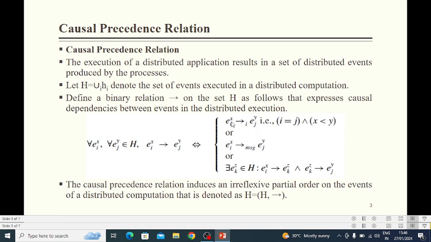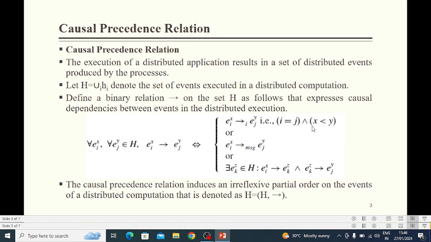That means the xth event of the first process P1 and the yth event of the first process P1. Both events belong to the same process. That is the meaning of this condition, i equals j.